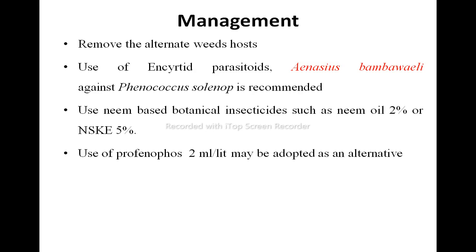And in the chemicals, we should use botanicals like neem oil or neem seed kernel extract 5%. And second one is profenofos 2 ml per liter. It is an organophosphate. How does it act on the mealybug? It also blocks the activity of acetylcholinesterase enzyme.